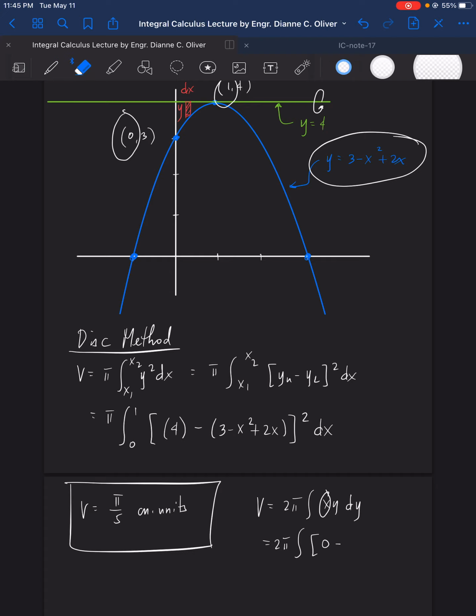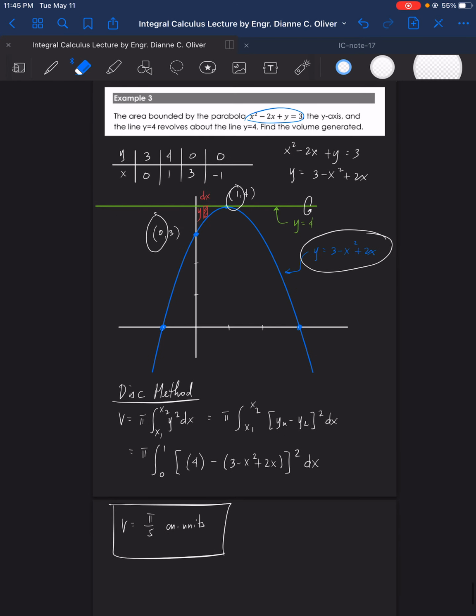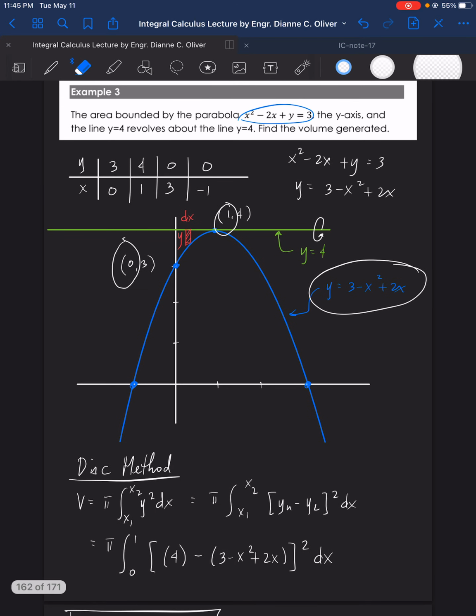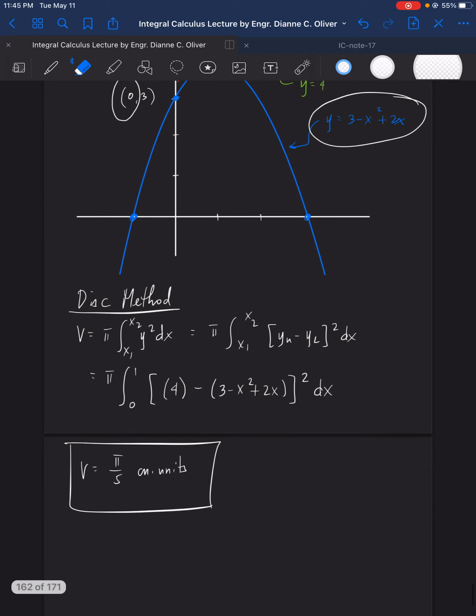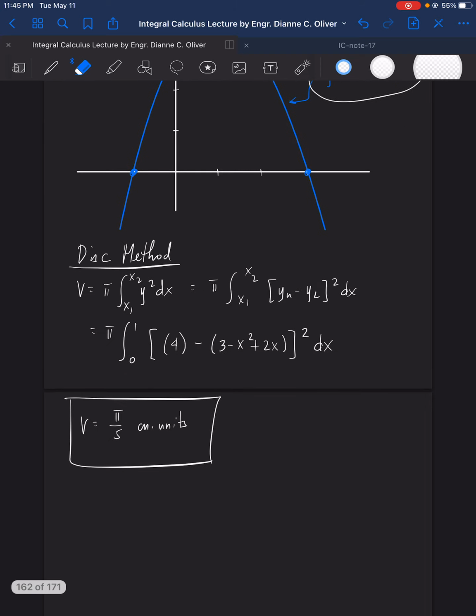That is why instead of using the shell method, we will just settle with the disk method. So that's for number 3. So the answer is pi over 5 cubic units, or 0.2.